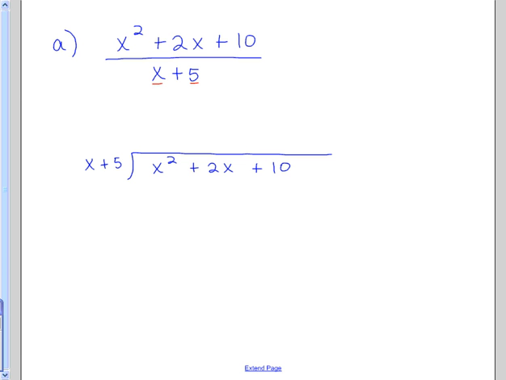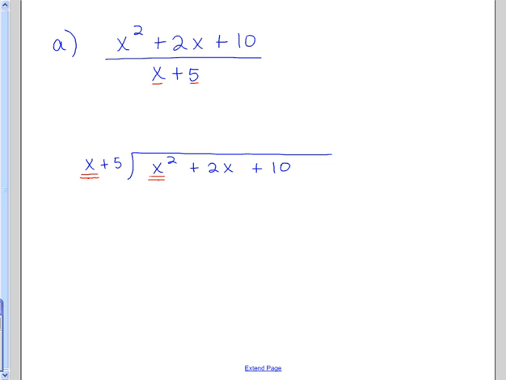Okay, so just like the numerical problem we worked out earlier, I'm just going to do one portion at a time. I want to divide x into x squared. So ask yourself the question, what times x would equal x squared? Okay, well, that would be x.